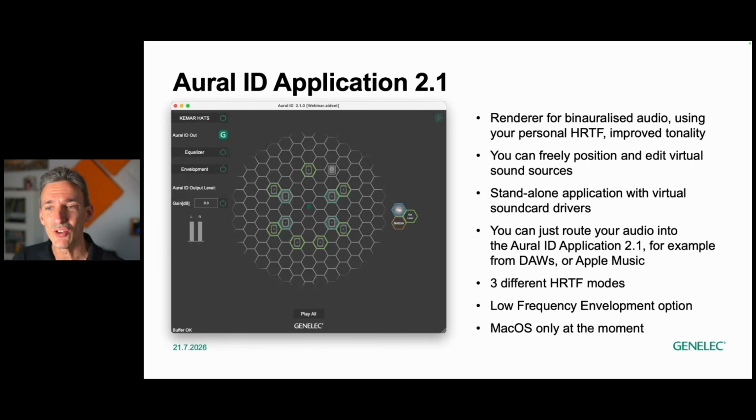Then you can emulate that on headphones as well, so that if it's a good recording, if you're in a good room, in a calibrated room, you can localize even low frequencies to some amount. This is then possible with the low frequency envelopment option. And as already mentioned, macOS only at the moment.